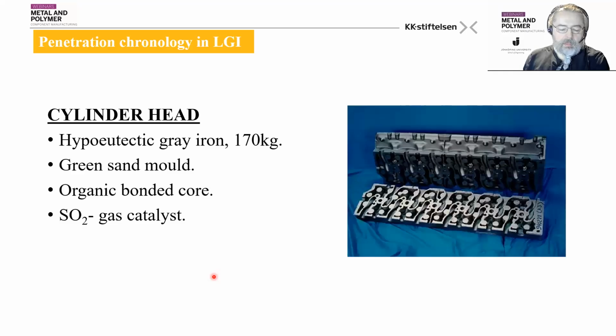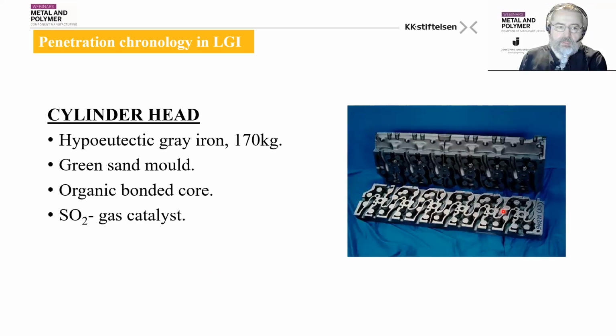I'm starting from a very complex shape, a cylinder head, produced in hypoeutectic gray iron and formed in a green sand mold, and organic bonded cores are used internally, and you can see the extreme complexity inside the casting.